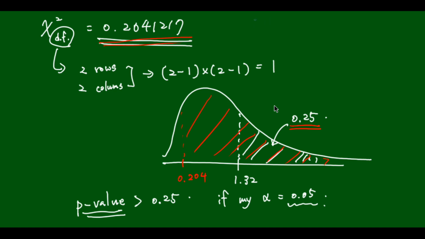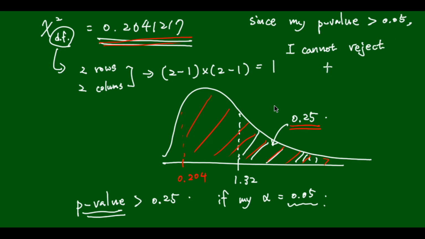So since my p-value is larger than 0.05, I cannot reject the null hypothesis, okay?